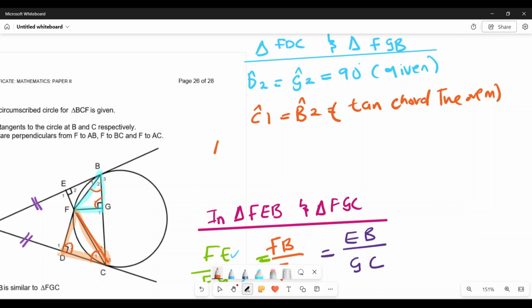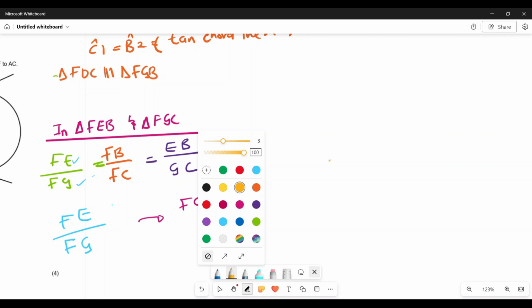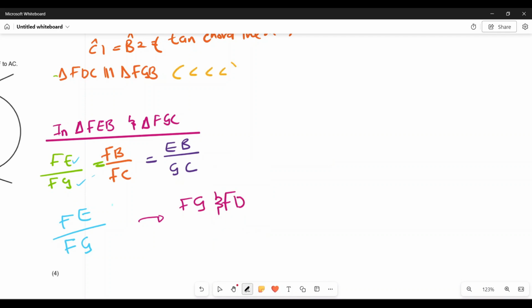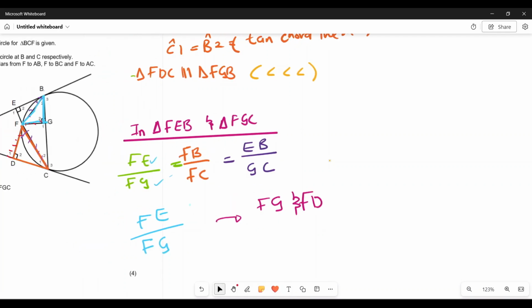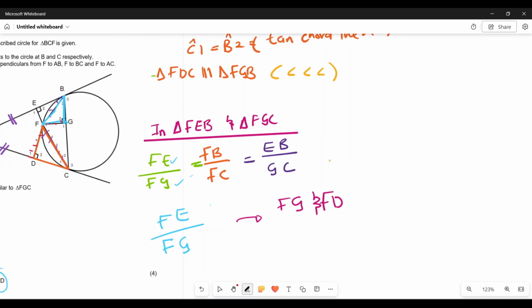So as a result, we can say triangle FDC is similar to triangle FGB. Our reason here is angle, angle, angle. Now we can use ratios to find the ratio we're looking for. Let me try and do ratios on the two triangles right over here. Let me choose similar sides. I'm going to start with FB, which is my hypotenuse, and the hypotenuse on the other triangle is my line FC.